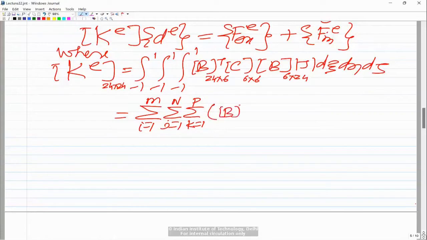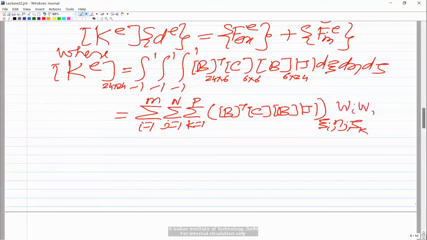That means we will have B transpose into C into B into the determinant of the Jacobian matrix evaluated at xi i, eta j, and zeta k. So now we will have three coordinates at each Gauss point. Of course, those points are going to be the same. Then we will have the weight functions wi, wj, and wk. So this is how you will numerically evaluate this stiffness matrix. I will talk about how to choose the number of points.